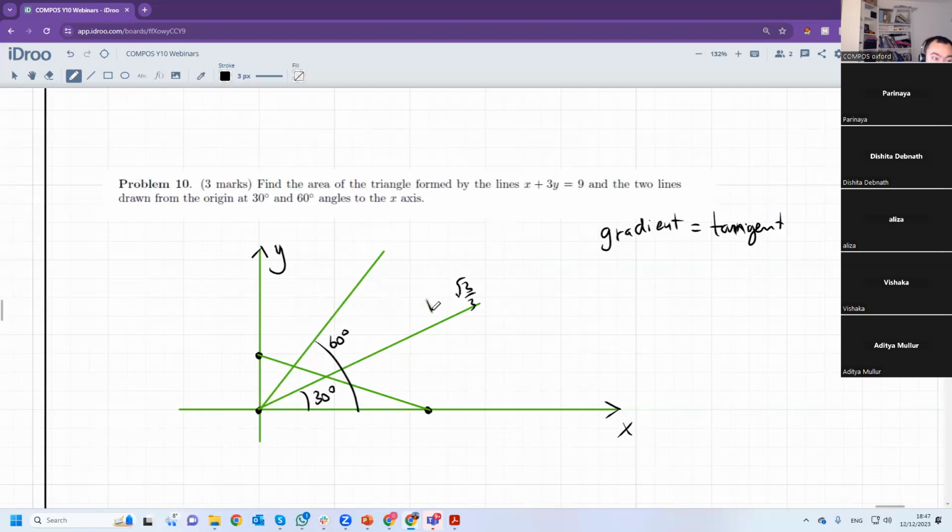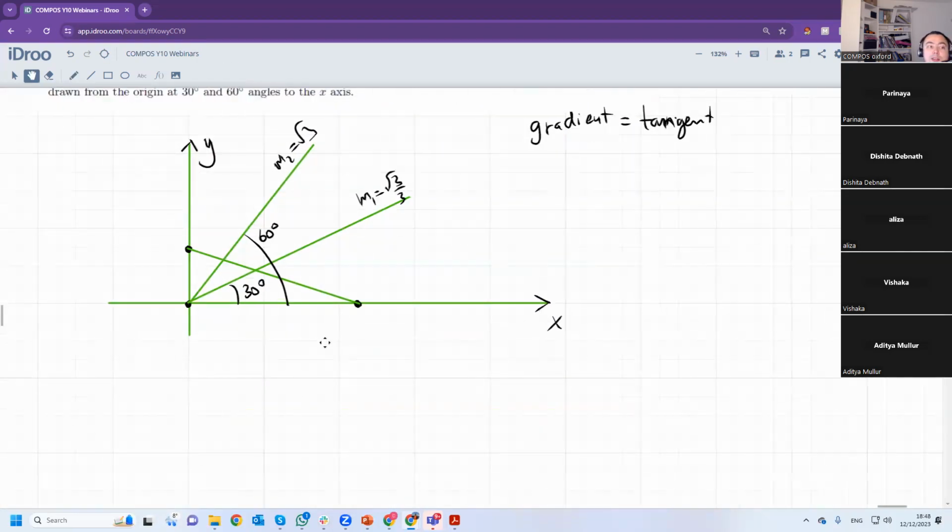And the gradient of this line and the y-intercept, I believe you can find by yourself. So the gradient of this line is √3/3. And the gradient of this line, somebody? Root 3. Yes. So that's how you do it. You just find the equation.